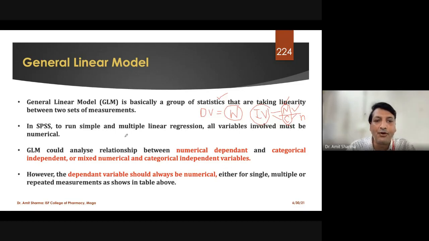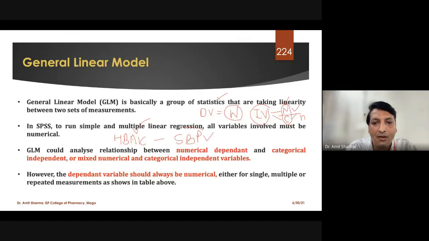For example, we want to find out the relationship of HbA1c with systolic blood pressure. So HbA1c will be called the independent variable. Systolic blood pressure will be called the dependent variable.